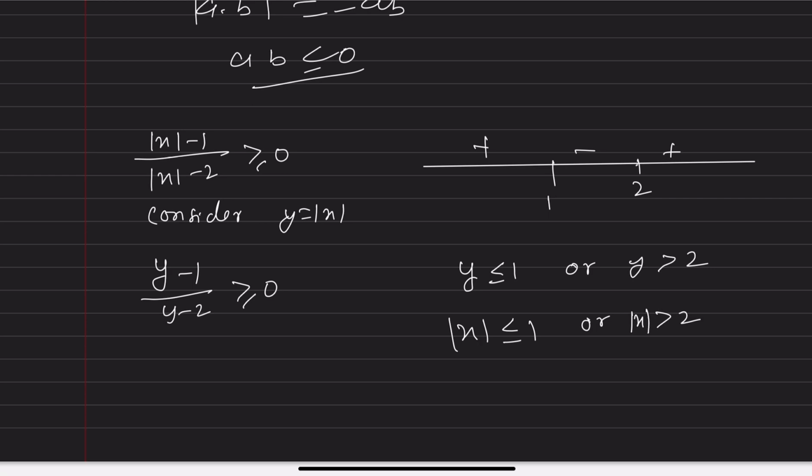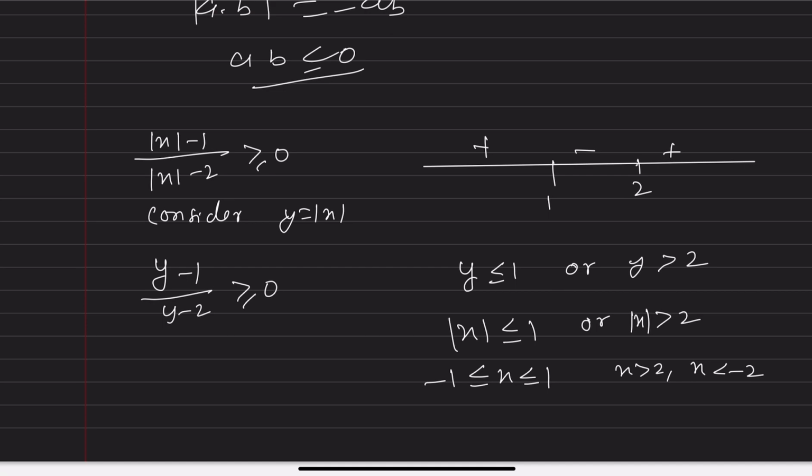So mod of x is less than or equal to 1, which means minus 1 less than or equal to x less than or equal to 1, and mod of x greater than 2 means x is greater than 2 or x is less than minus 2, right?